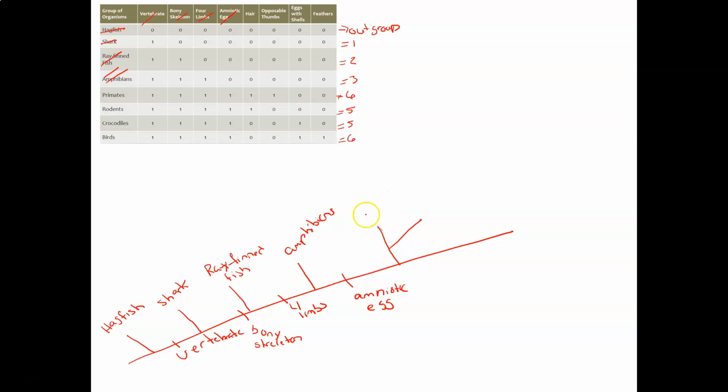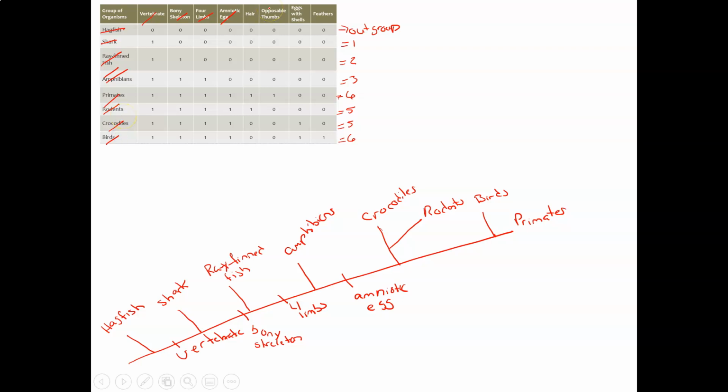So I'm going to put them on here, and let's put those crocodiles and those rodents. Okay. So the rodents and the crocodiles are on there. That also tells me that those primates and birds have to come up top here. Okay, so now all of my species are taken care of.